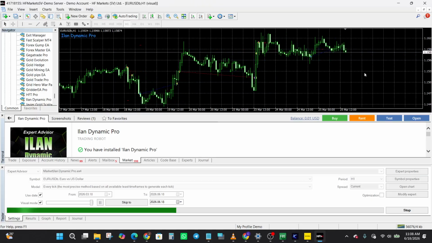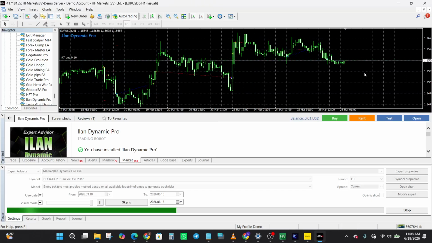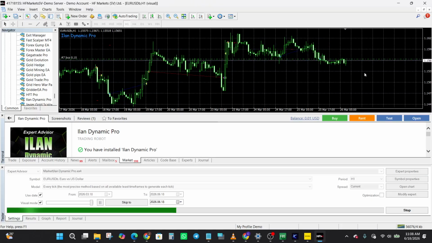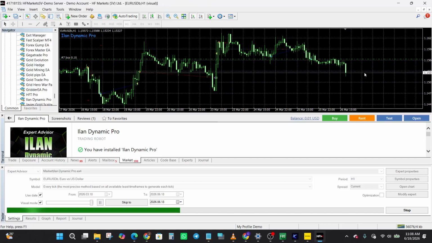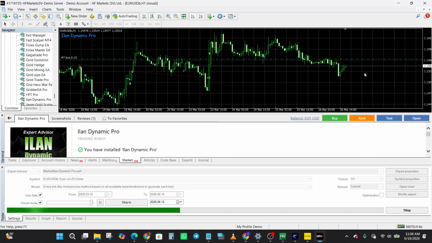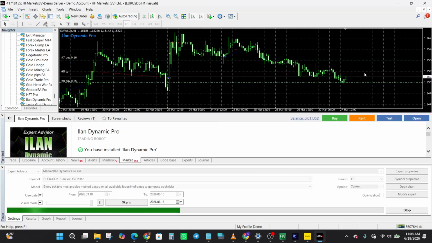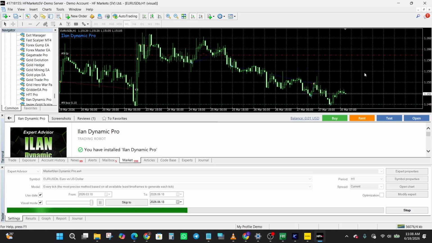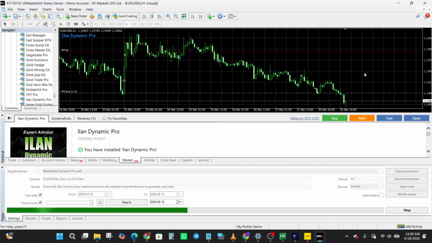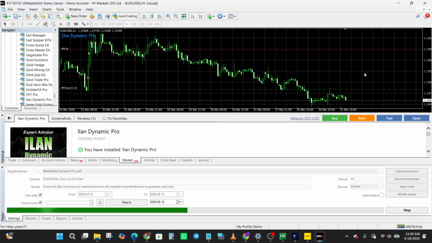I'd still recommend running longer term testing yourself as well so that you can get a more comprehensive understanding of how the EA behaves across different market cycles and volatility conditions. As for the historical backtest results, it is important to remember that historical testing performance does not guarantee future outcomes.